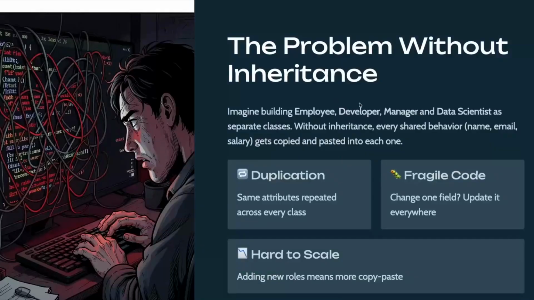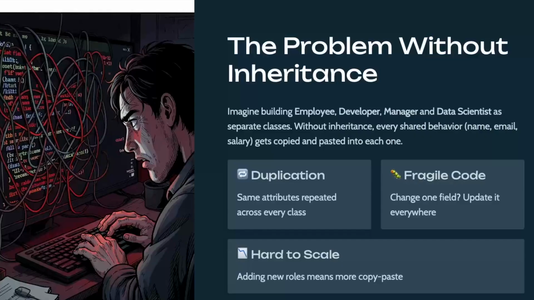Now, let's start with the problem inheritance solves. Imagine you're building a company management system. You create an employee class containing a name, email, and an employee ID. Now the business needs developers, then managers, then HR employees. Without inheritance, you'd end up copying the same attributes and methods into multiple classes.